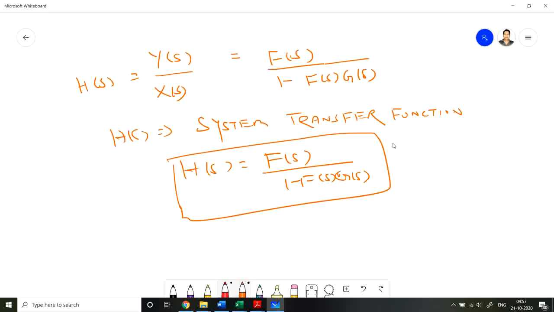This is the transfer function of the overall system.